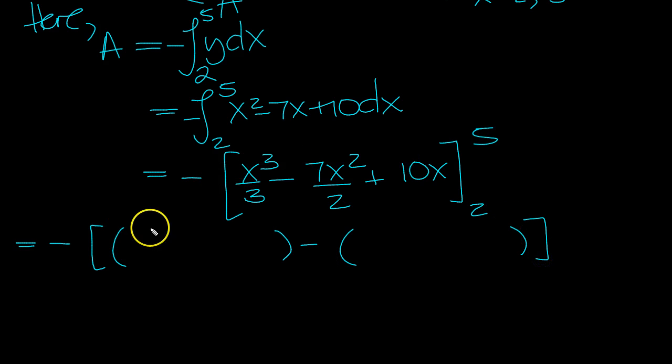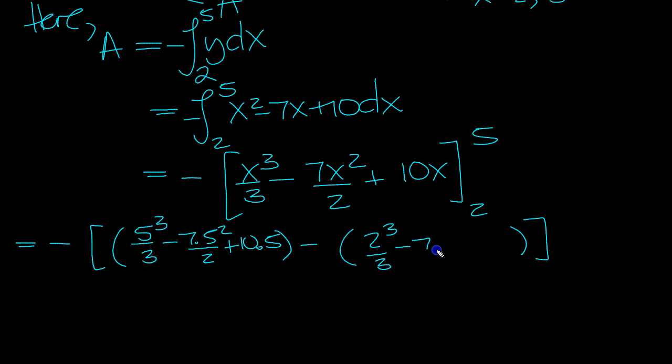Put 5 in: 5 cubed over 3 minus 7 times 5 squared over 2 plus 10 times 5, minus the bottom value, 2 cubed over 3 minus 7 times 2 squared over 2 plus 10 times 2.